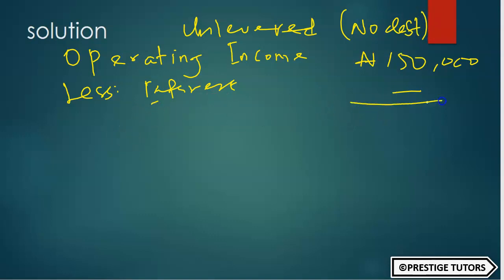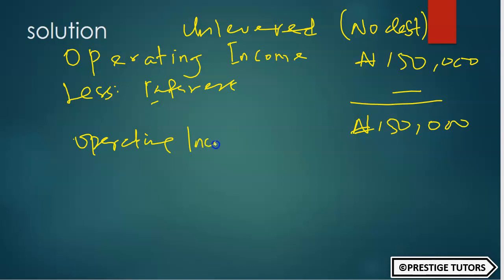Then what do we have as balance? We have 150,000 naira. Now, this is what we call operating income after interest.